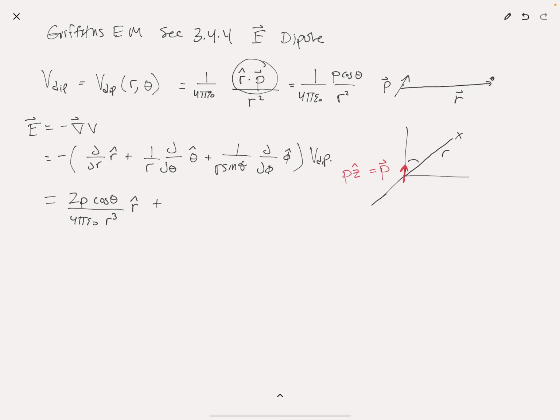That second term gives me a p sine theta over 4 pi epsilon naught r cubed, in the theta hat direction. And there's no phi hat direction, so that gives me 0 in the phi hat.